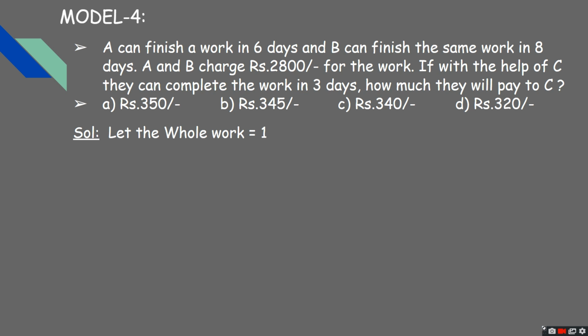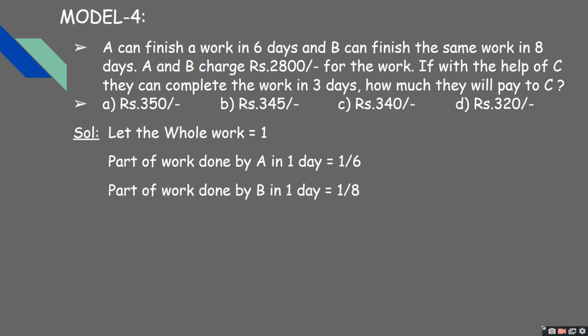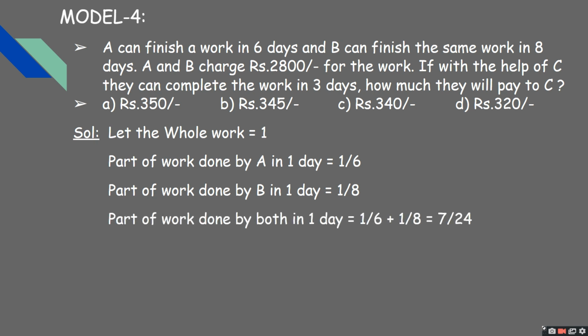Firstly, the whole work is assumed as 1. The next step is to find the part of work done by A in 1 day, that equals 1 by 6. Similarly, the part of work done by B in 1 day equals 1 by 8. Here in the question it is mentioned that A and B charge 2800 rupees for the work. So we will calculate the work done by A and B in 1 day, to know the number of days taken for them to complete the job, equals 1 by 6 plus 1 by 8 equals 7 by 24.